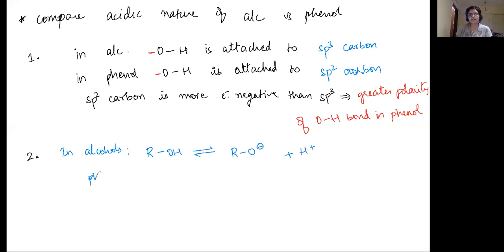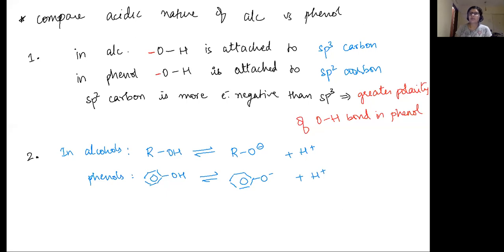And in phenols, you've got a benzene ring with OH in equilibrium with the phenoxide ion plus H plus.